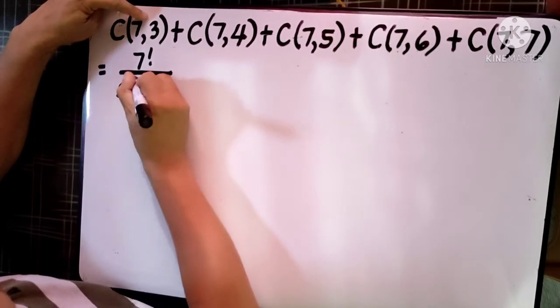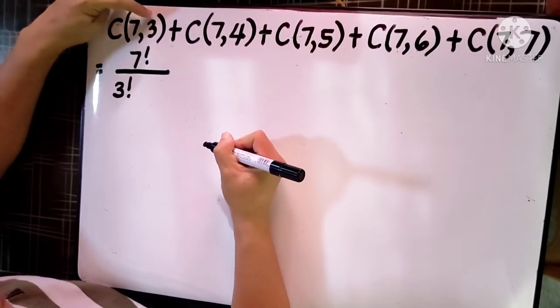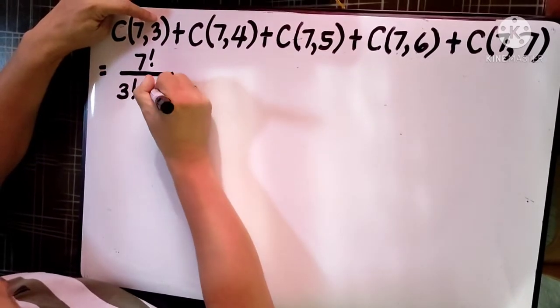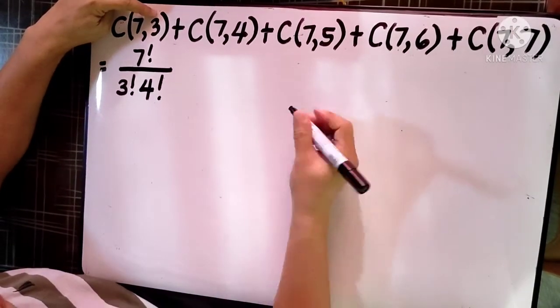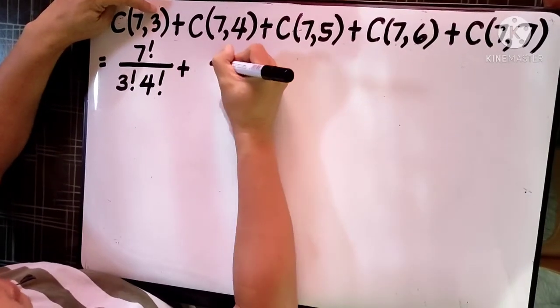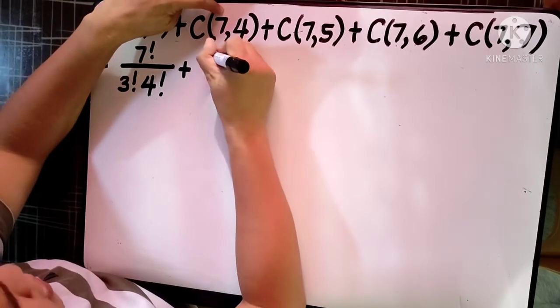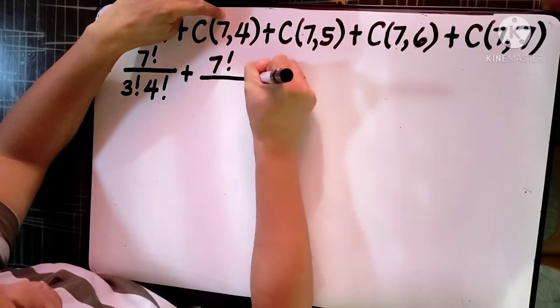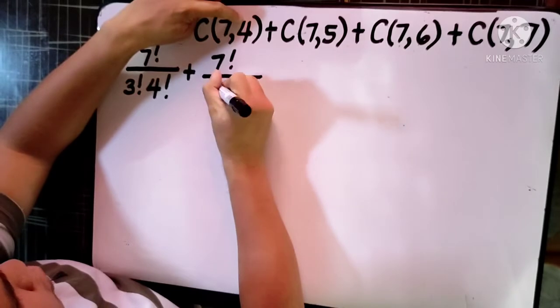Three factorial. 7 minus 3 is 4 factorial, plus you have 7 factorial over 4 factorial.